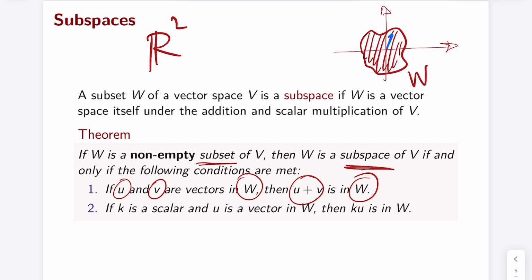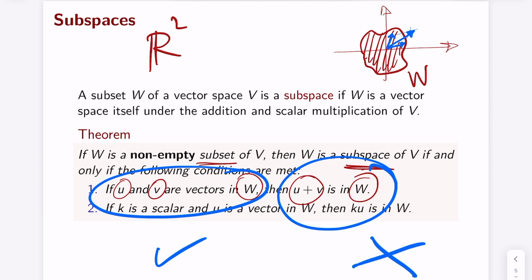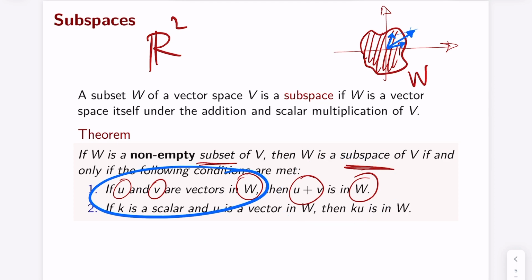If I take, for instance, this vector that is in W and this other vector that is in W, you can see that the addition, by doing the parallelogram here, is actually outside of the space. That means that we took 2 vectors that were in W, but the addition is not in W. So what that means is that W is not a subspace of R2.